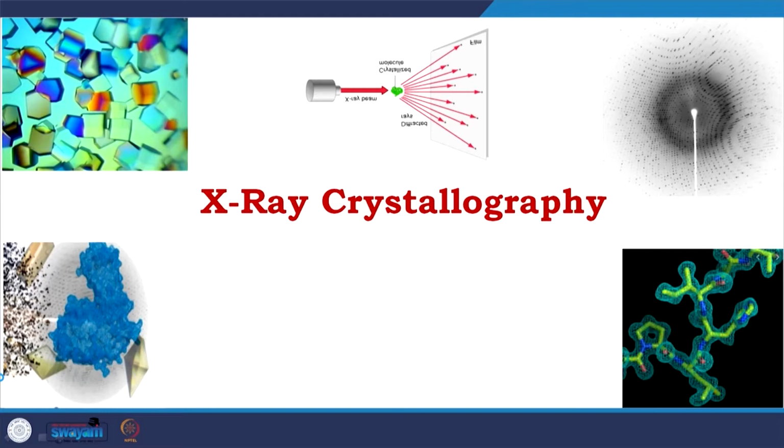Today we are going to discuss a few very critical things like the Ewald sphere, how the Ewald sphere is connected with Bragg's law and the Laue equation which we discussed in the last class, how the structure factor is important, how the structure factor is related to development of electron density, what is the phase problem, and also what is the Fourier transformation.